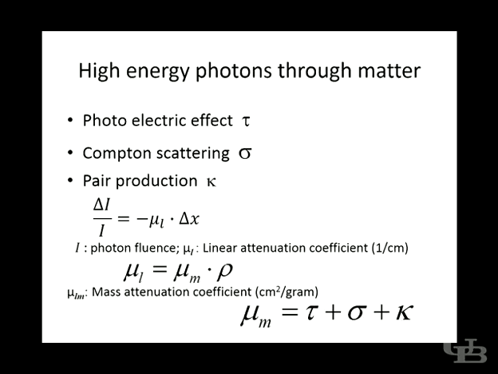Specifically, it depends on the different interaction mechanisms of photons interacting with matter: photoelectric, Compton scattering, pair production. And each mechanism will remove the photon in a certain way.